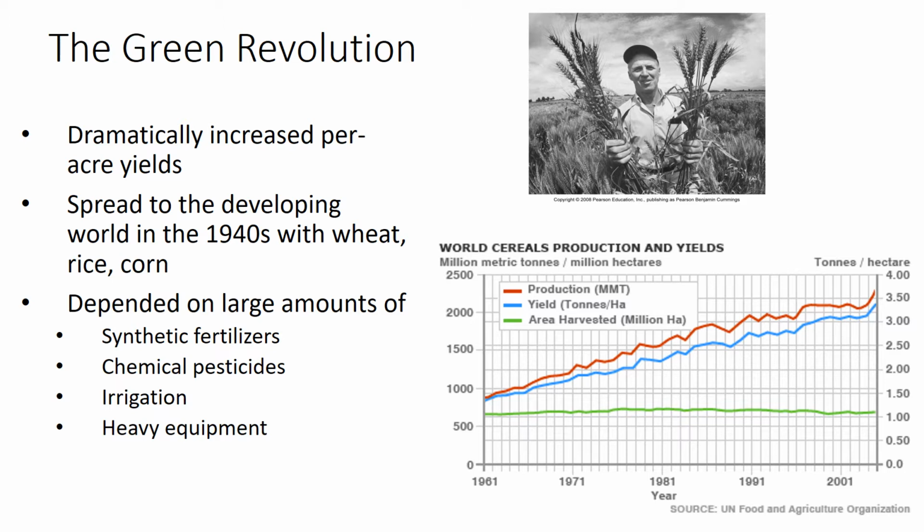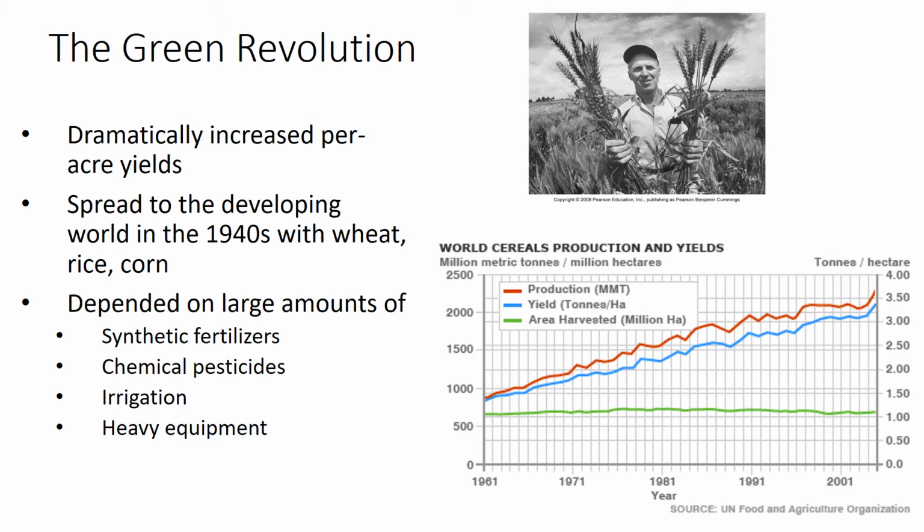If you look at the graph below, you have the amount of area that's harvested in that green line, and then the production and the yield went up over the years. So from 1960 onwards, we have this increase of production on the same area that we were using before. So we can make more on the same amount of land.